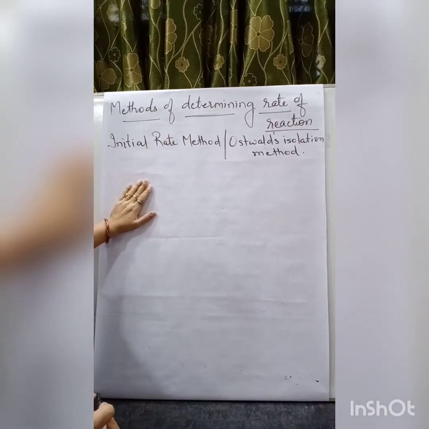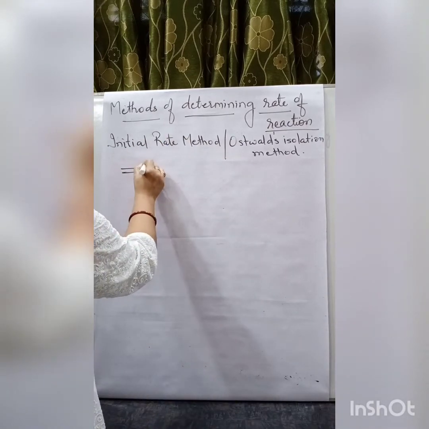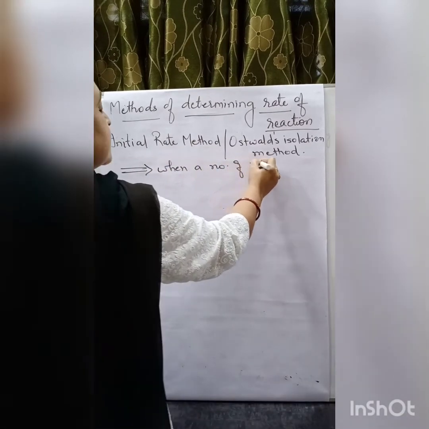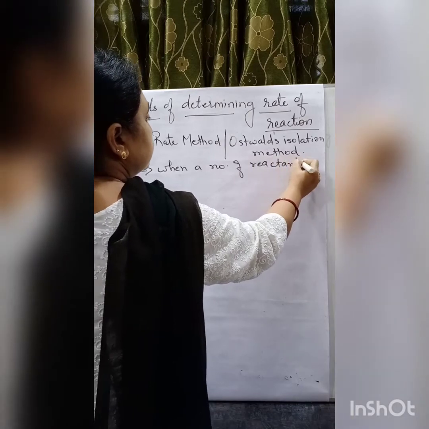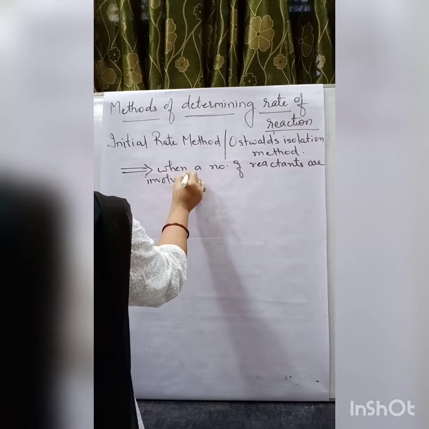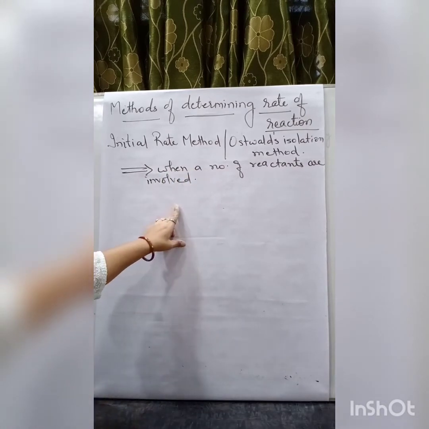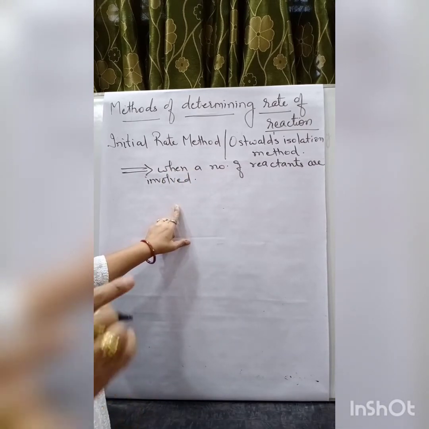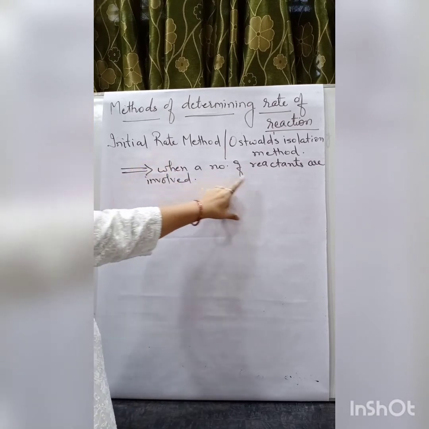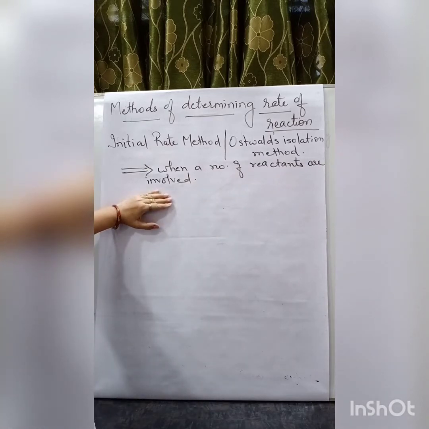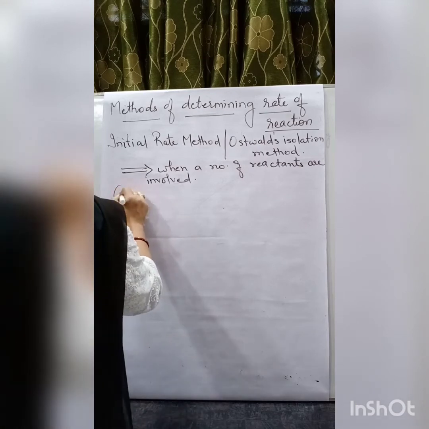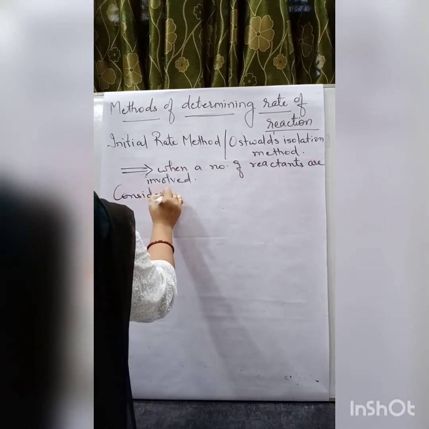This is used when a number of reactants are involved. See the difference from graphical method. Graphical method was used when a single reactant is involved, and here we are using this method when a number of reactants are involved.